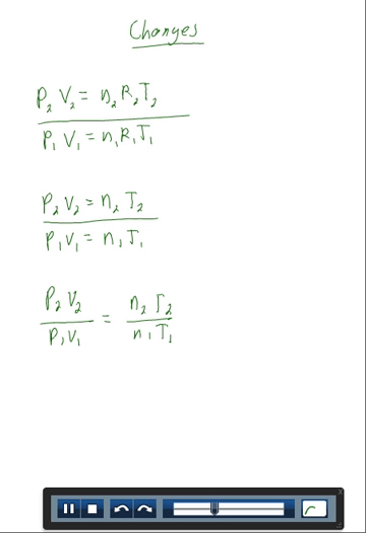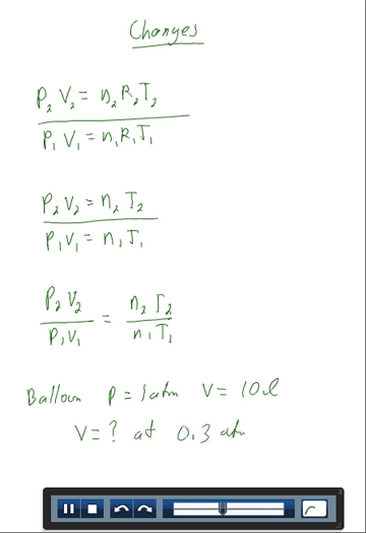Say we have a balloon, and the pressure is 1 atmosphere, and the volume equals 10 liters. What's going to be the volume of the balloon? Volume equals what at 0.3 atmospheres pressure.